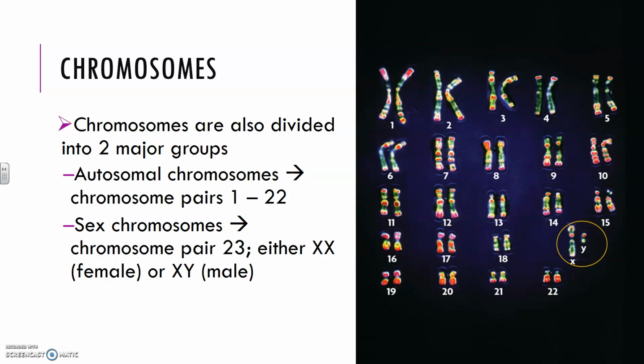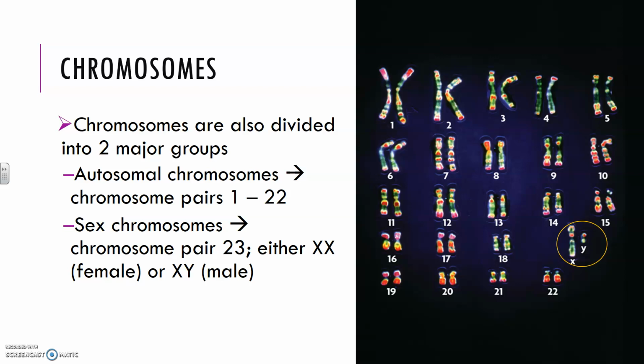Now we all talk about, if you have XX, you're female, if you have XY, you're male. There are some cases where it's XXY, and so sometimes the X's can overpower the Y, which would be more female than male.